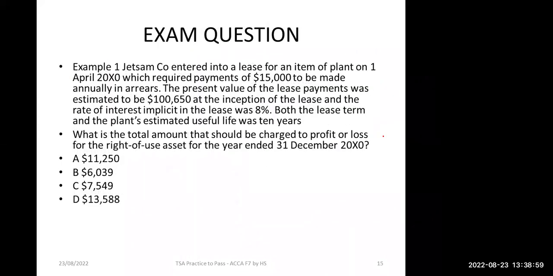So now it's an exam question, and according to the examiner's feedback, most of the students were not able to answer this question correctly.